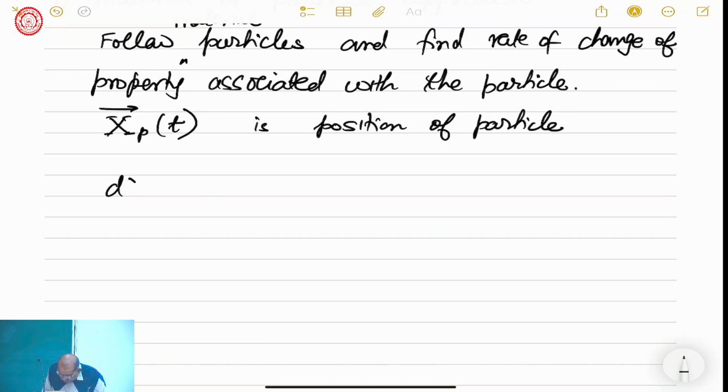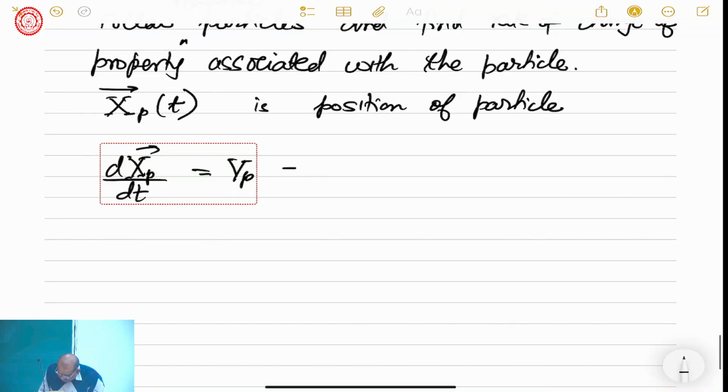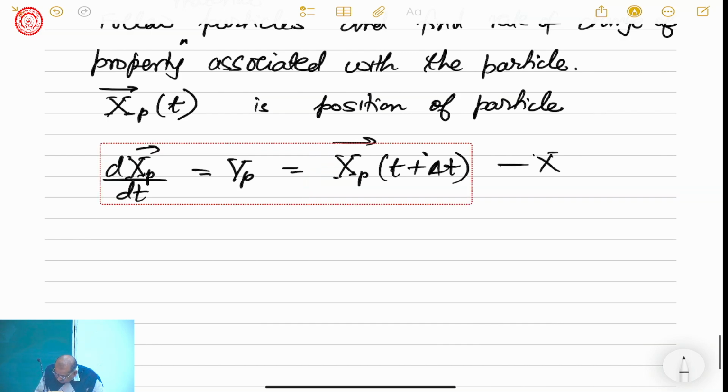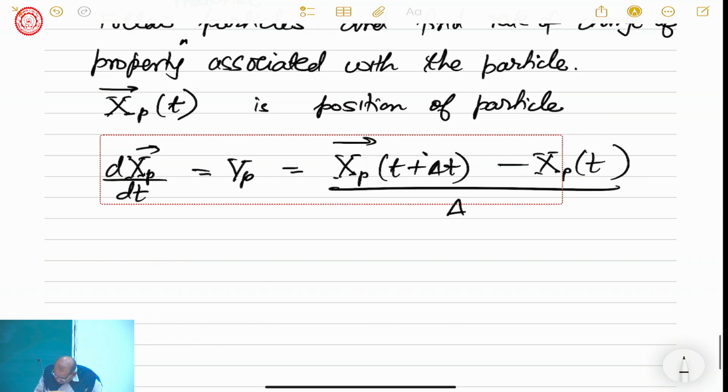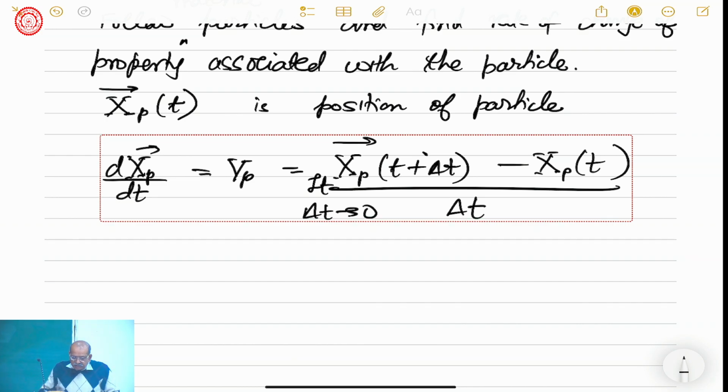Then what I know is dx_p by dt is equal to V_p, and this is equal to x_p at t plus delta t minus x_p at t, divided by delta t, in the limit delta t goes to 0.